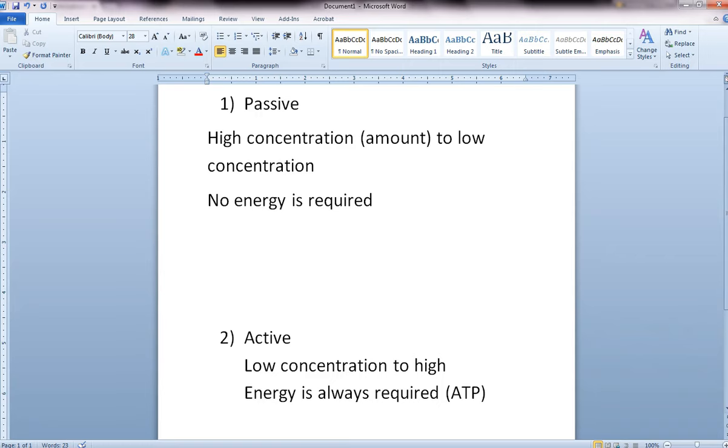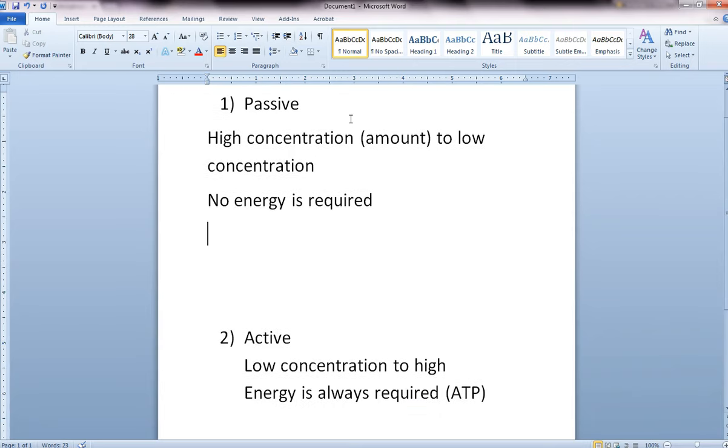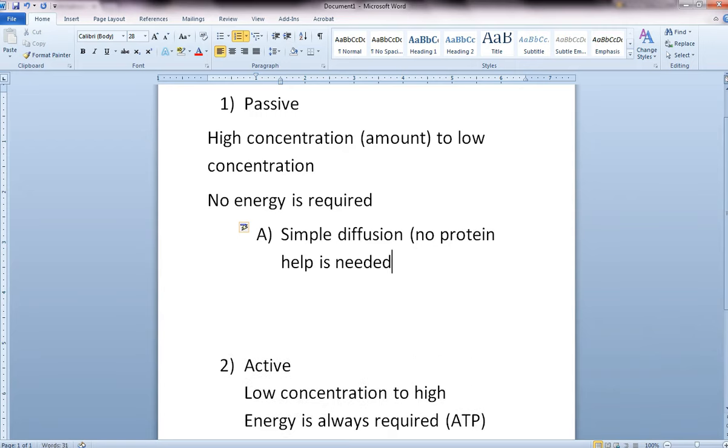Now, that is always the first question you ask yourself: is energy required? And if it is, you separate it into passive and active. Now there are going to be subtypes of passive. One type is simple diffusion. That means that no protein help is needed.